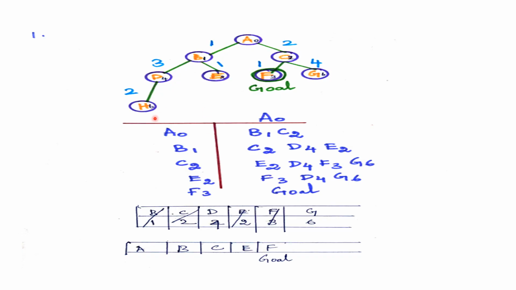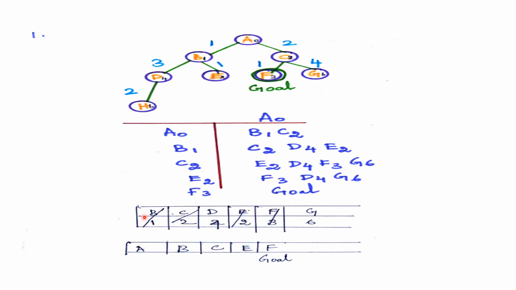So now we have explored A0. This is the priority queue and this is the visited list. So A is visited and explored, and the A node will be kept in the visited list.